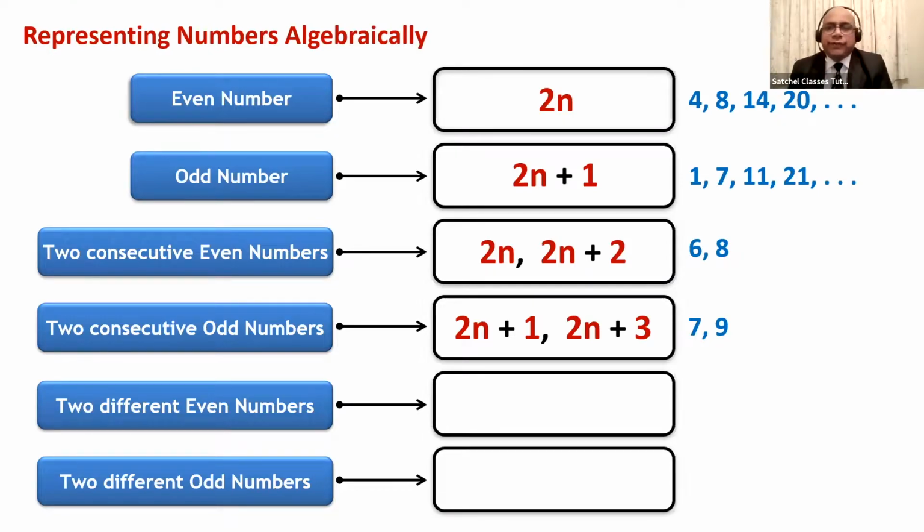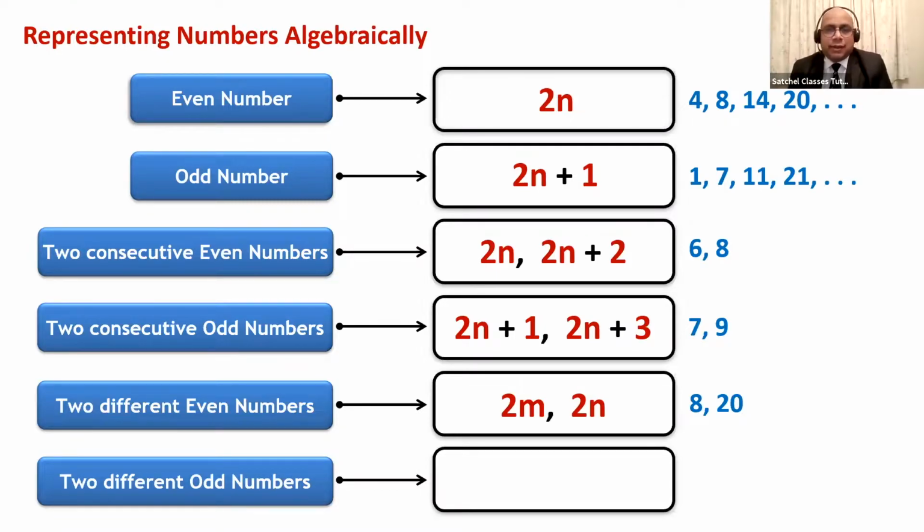What about two different even numbers? Because they are not consecutive, they are not linked by any rule, so we cannot comment on what the difference between them could be. But all I can say is the factor 2 has to be common to both numbers because they are even. So if one of them is 2n, the other might be 2m.